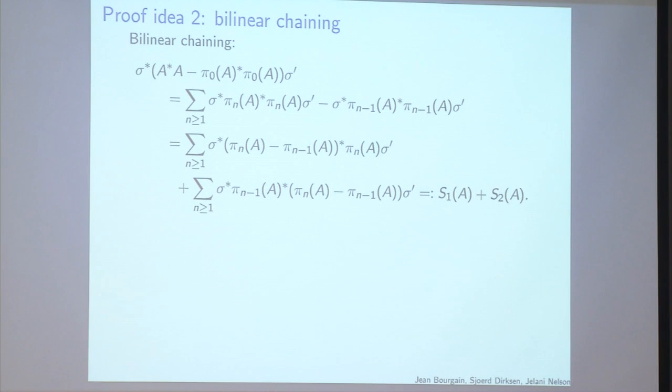Then we do the chaining argument, and the first thing you do is write down this chaining identity, which is this telescoping sum. You write this out as an infinite sum of these differences here. Now you add and subtract the following term, sigma pi n minus A star pi n A sigma prime, and then you get two terms here.